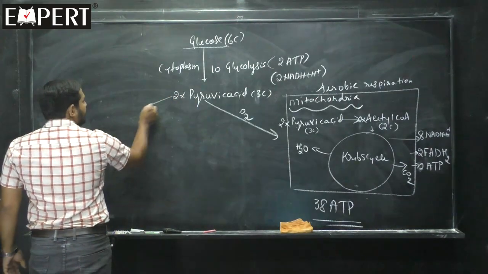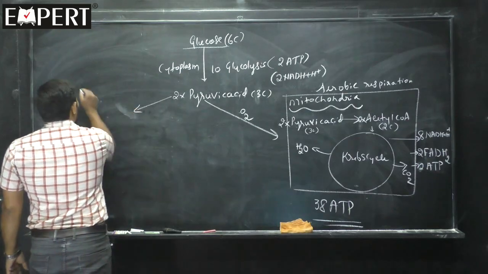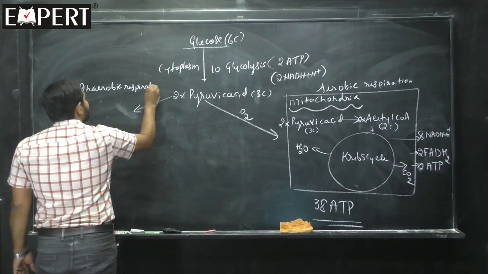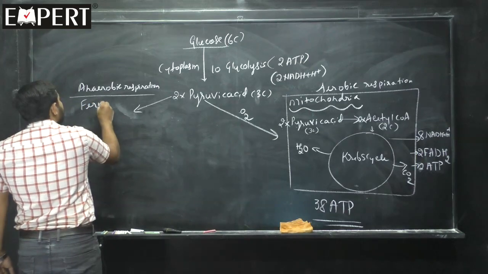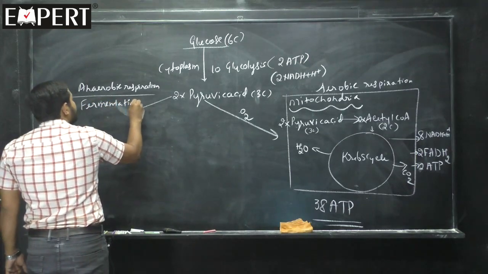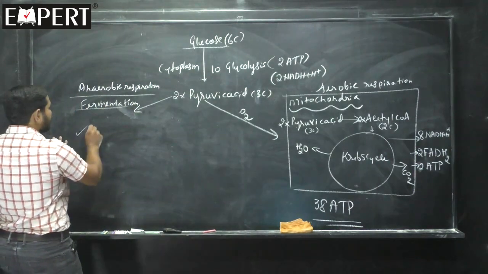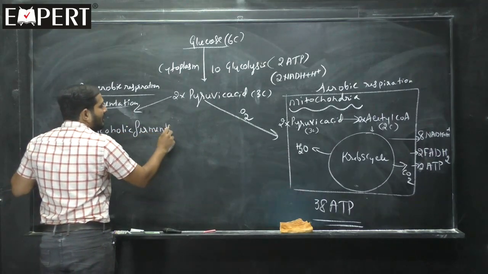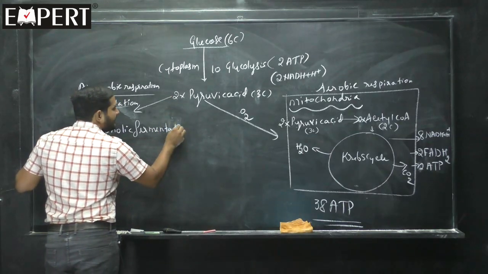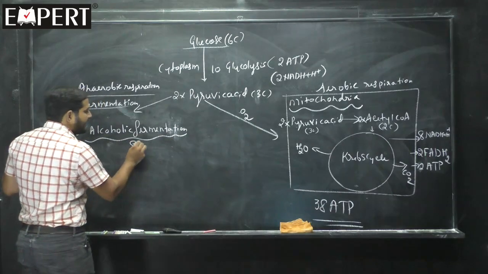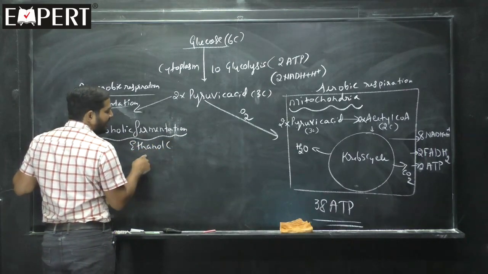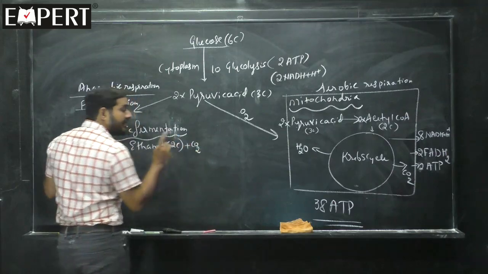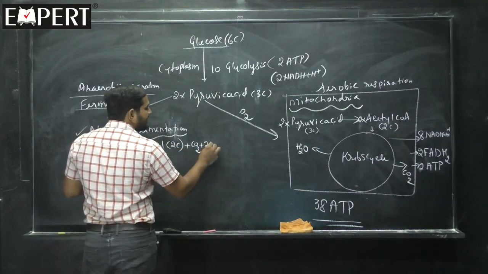Okay. But in the absence of oxygen, it undergoes anaerobic respiration, which is also called fermentation. The fermentation process can occur in two ways. Alcoholic fermentation can happen where the product formed is called ethanol, having how many carbons, tell me, 2 carbons ethanol, plus CO2 is formed, decarboxylation is there, and 2 ATPs are formed here.